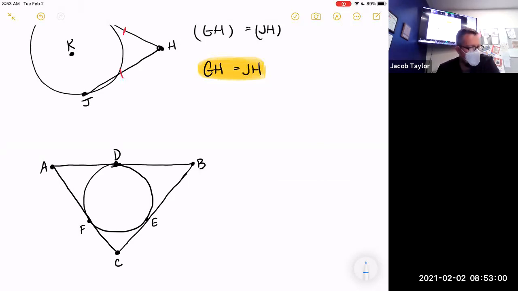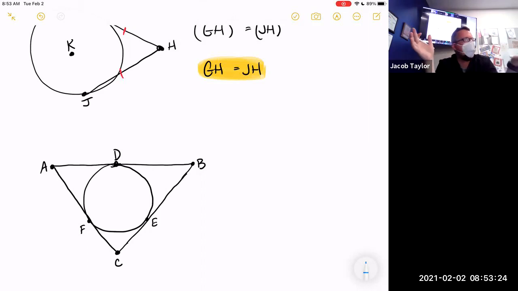Okay, so here's a use for the two tangent theorem. This is what's called an inscribed triangle, inscribed around the circle so that the edges of the circle touch all of the sides of the triangle. No, I'm sorry, I got that backwards. It's a circumscribed triangle, an inscribed circle. Inscribed is in the shape.